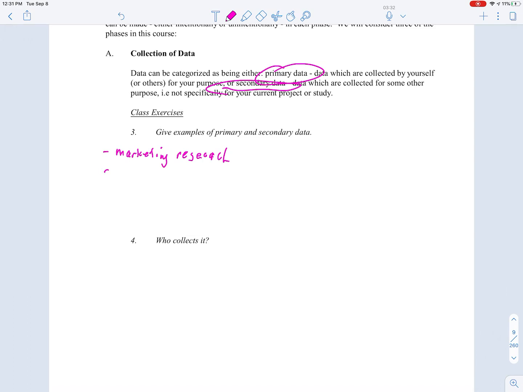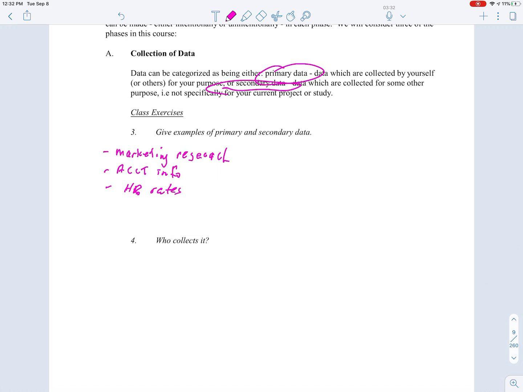It could be things like accounting information. Accountants, of course, are always collecting data. It could be the HR rates. These are all things that we saw before, and so on.